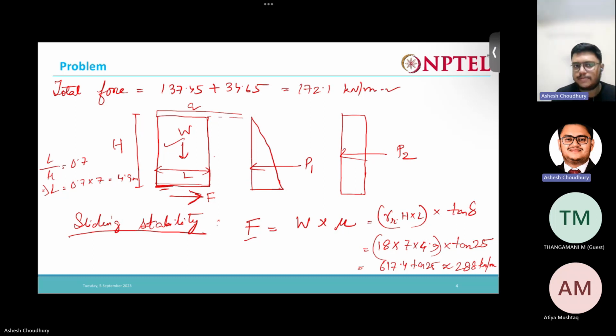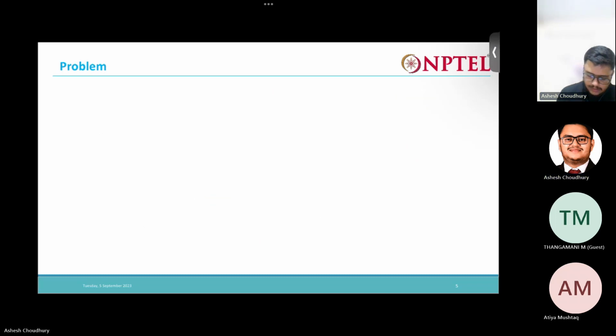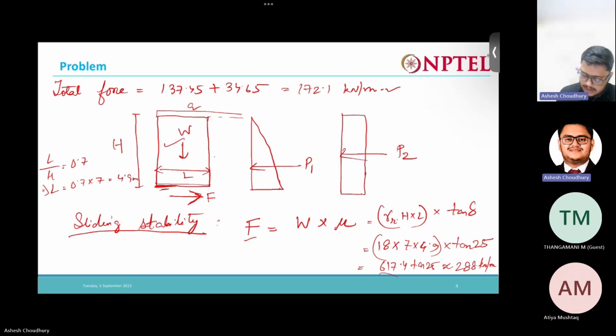The force that will be stabilizing is nothing but the weight. So it is 617.4 times L by 2. W is the stabilizing force, and W is 617.4.